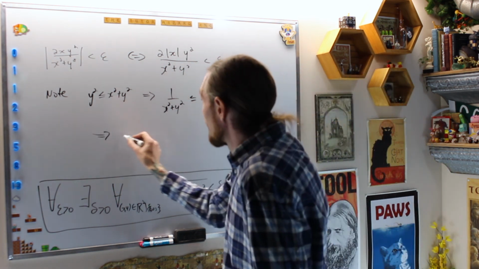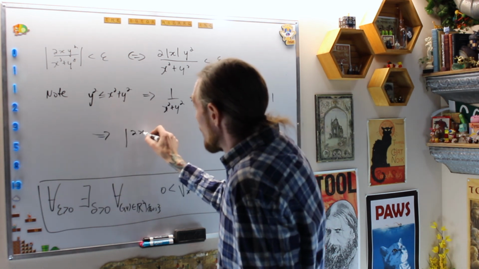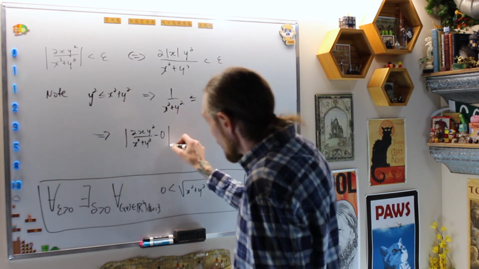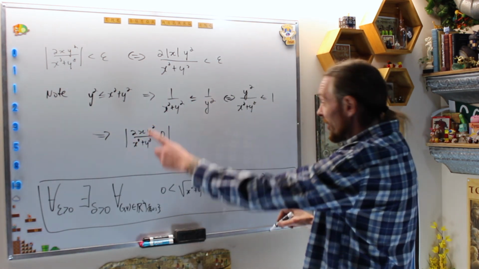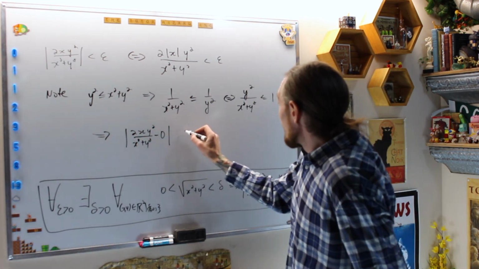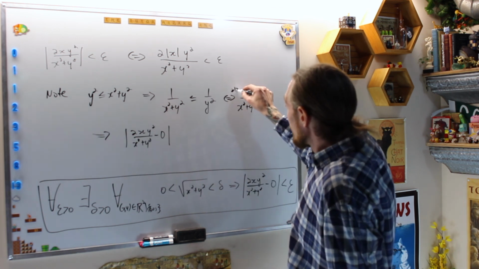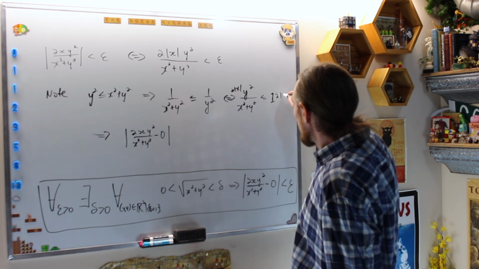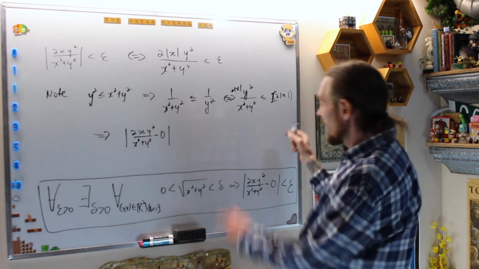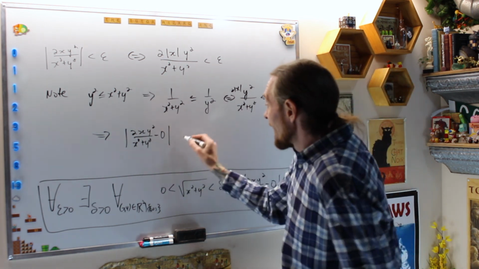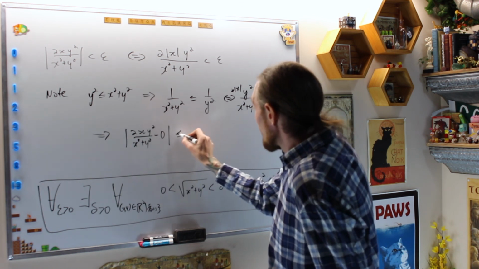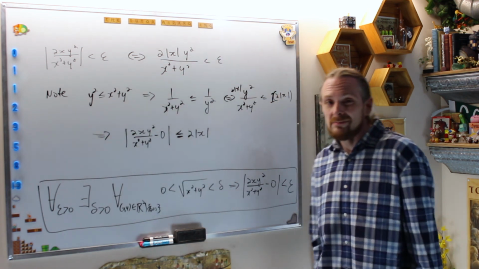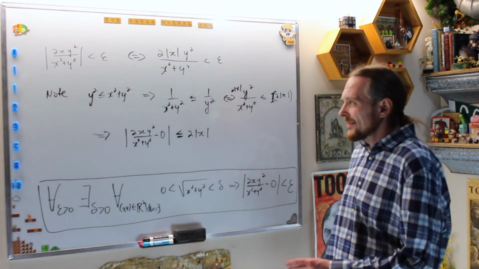This says that the absolute value of 2xy squared over x squared plus y squared minus 0, our limit, which disappears in this case, has to be, if I multiply 2 absolute value x on both sides, less than or equal to 2 absolute value x. You can rewind and see what I'm doing here.